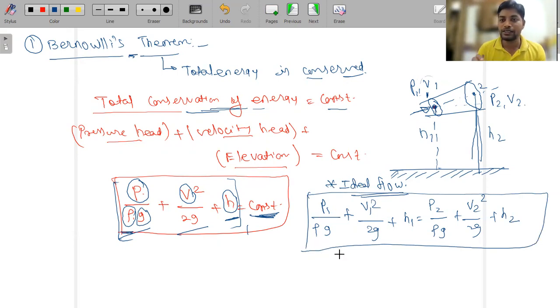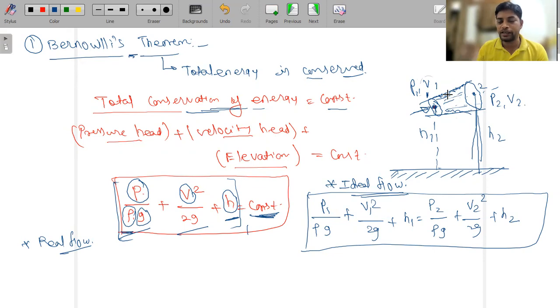If we consider a real flow, then it should not be like this. Real flow means that when the fluid flows in this direction, there will be a loss due to friction, because the fluid comes in contact with the surface, and this is not just two surfaces, because it is a cylindrical, tapered pipe. So the fluid is moving along the boundaries as well, and definitely there will be a loss.